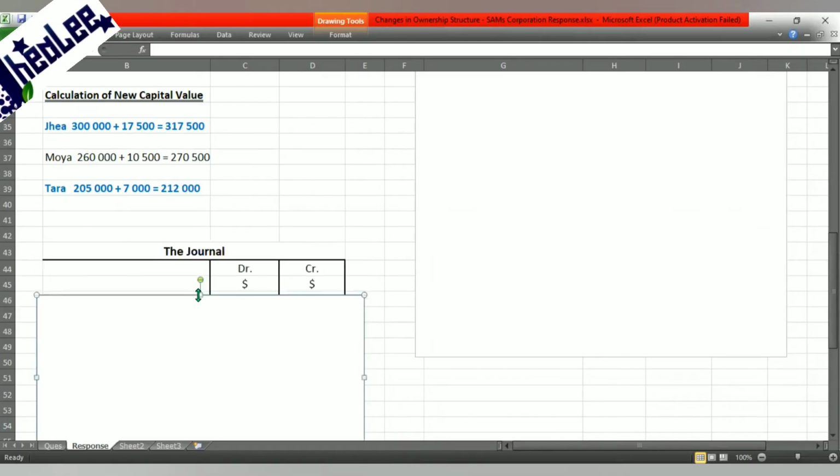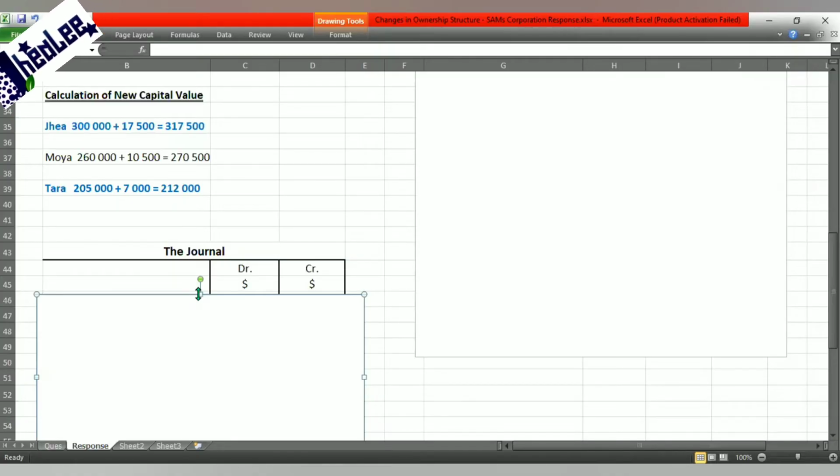So here is the journal, right? And before I even reveal the results, remember, in looking at the conversion, the capital that the partner has is then transferred to the new business, and that is used to purchase shares in the business.